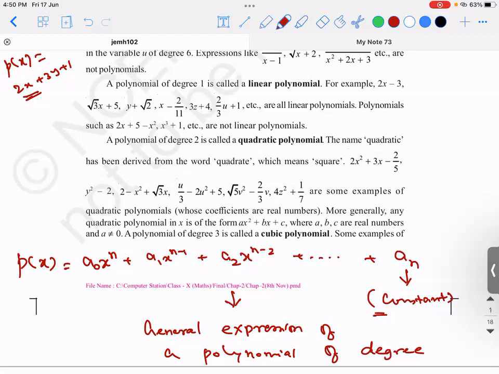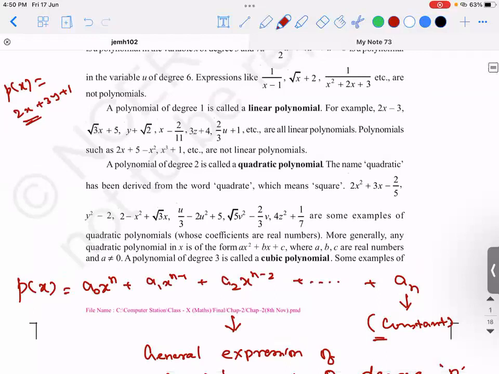You know what the degree is, right? The highest power of the variable present. So of degree n. Based on the degree, if you take a polynomial of degree 1, you call it a linear polynomial. If the degree is 2, you call it a quadratic polynomial. What is the difference between a quadratic polynomial and a quadratic equation?